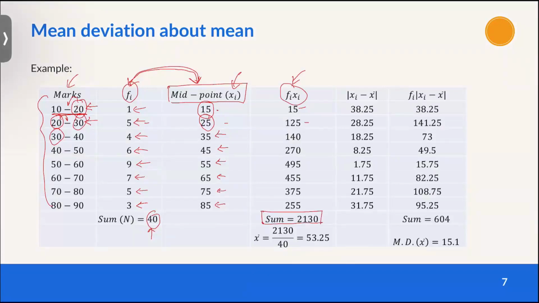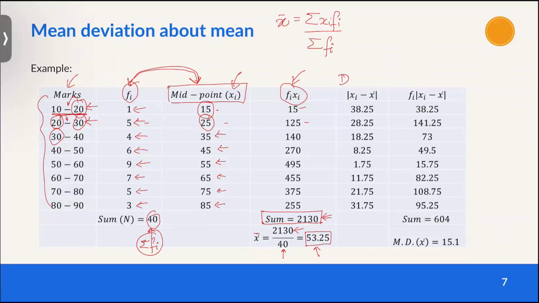This sum comes out to be 2130. For the mean, we had summation of fi xi by summation of fi. This summation of fi is the number of students in the class, 40. So we divide this sum by the number of students in the class, and the mean we arrive at is 53.25. This is the mean of the marks of the students in the class.